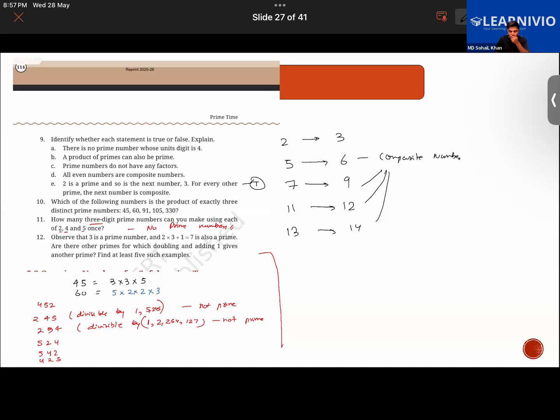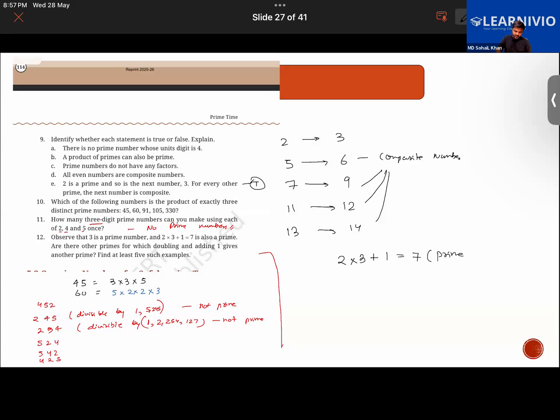Good. We can continue like this: 2 into 11 plus 1 will be 23. And 2 into 23 plus 1 gives 47.